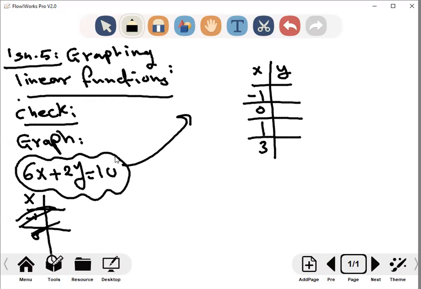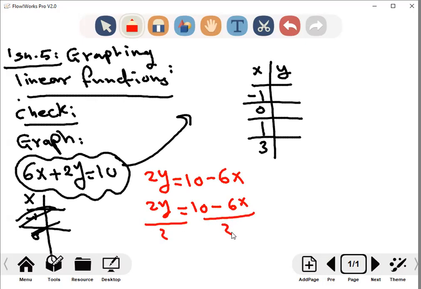I want y equal. So here I need to prepare y. Here I will shift the 6x. It will be 2y equals 10 minus 6x. Still 2 beside y. Multiplication, so we will divide. Divide both sides by 2. Now these 2's are gone, right? Still y equals.